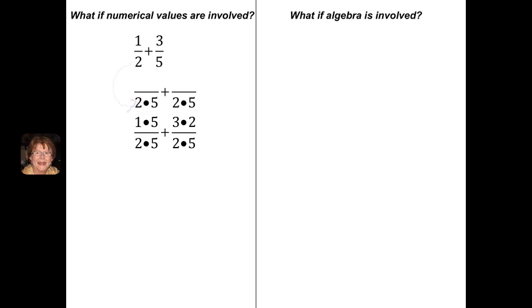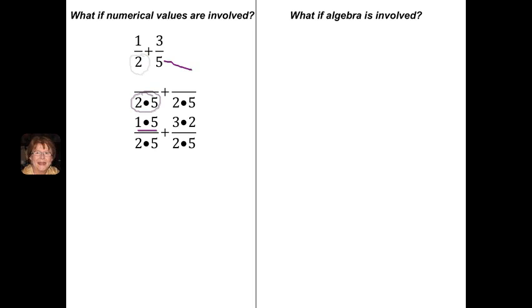In reality, what you're doing is you're multiplying by 1. 5 over 5 is 1. We chose 5 because the original denominator changed to the lowest common denominator by multiplying by 5. Therefore, we call this an equivalent fraction.